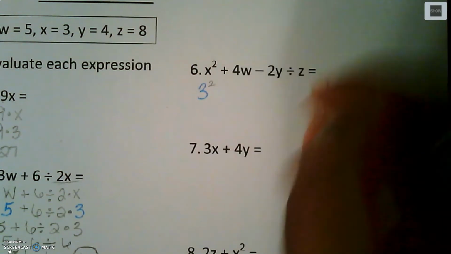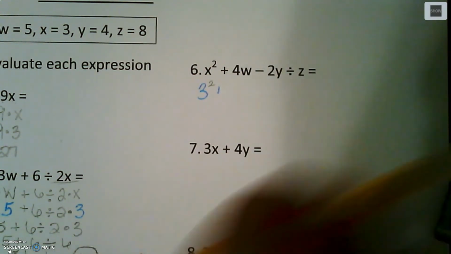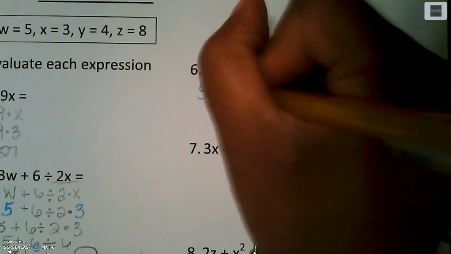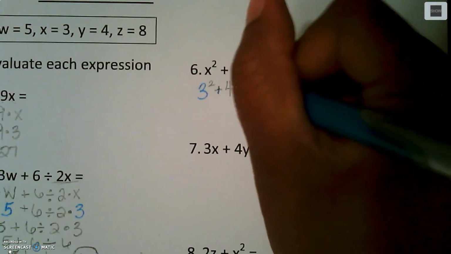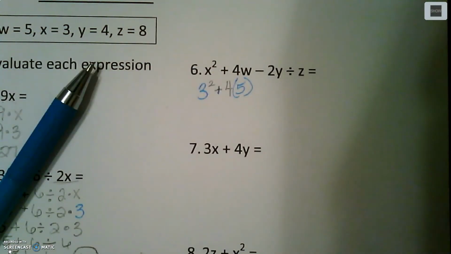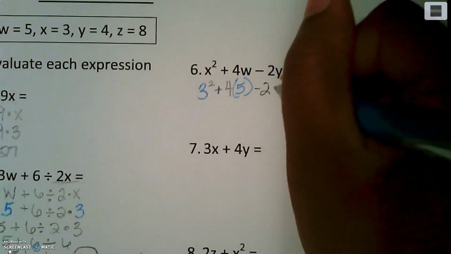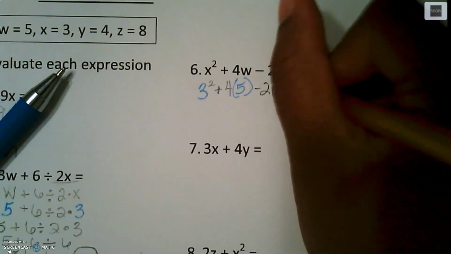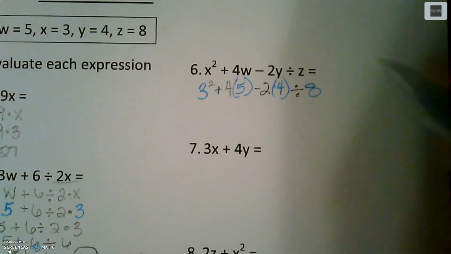So that's 3 squared. Messing everything up. Plus 4 times w, which is 5, minus 2 times y, which is 4, divided by 8.